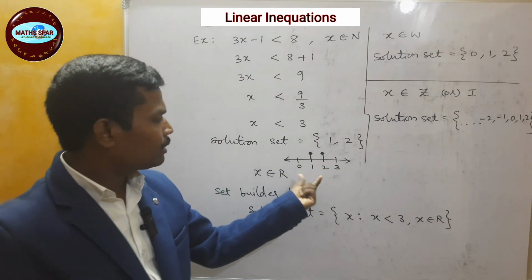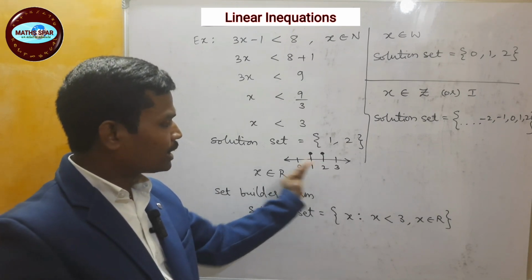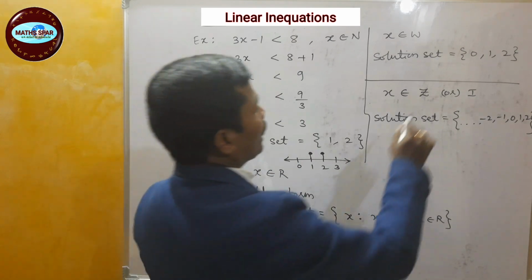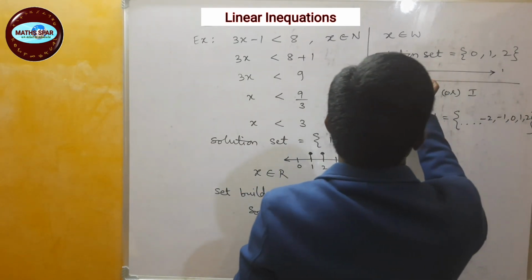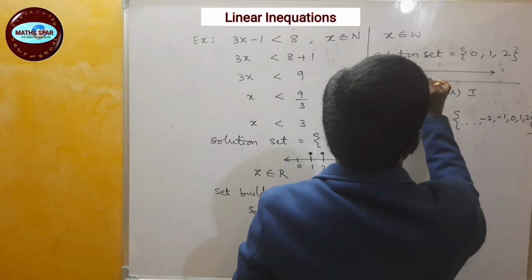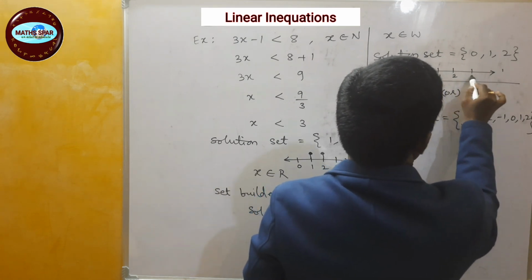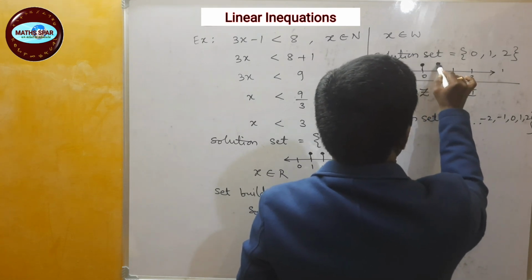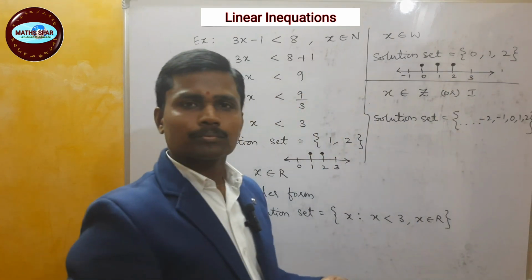This indicates that the solution is 1 and 2, and the number line before and after this number is still continuing. And next, suppose it is whole numbers, then also we write -1, 0, 1, 2, 3. Here 0 is the solution, 1 is the solution, 2 is the solution.